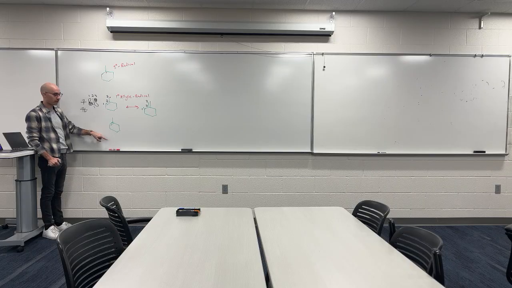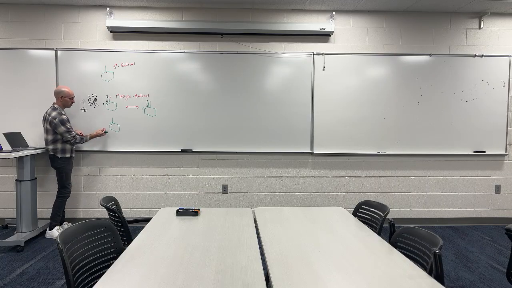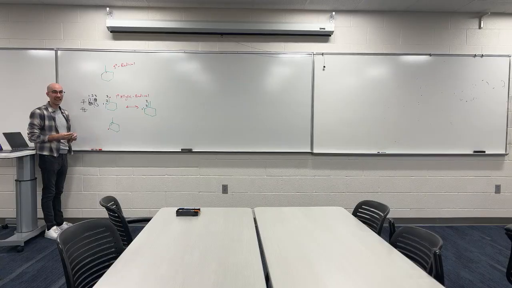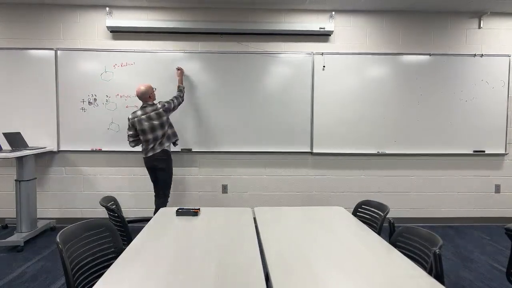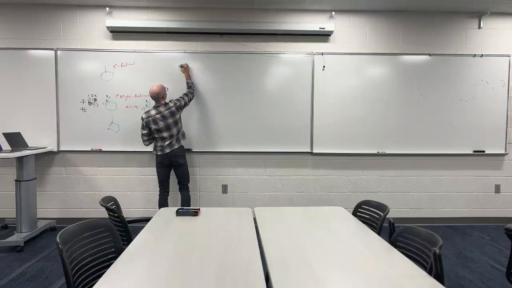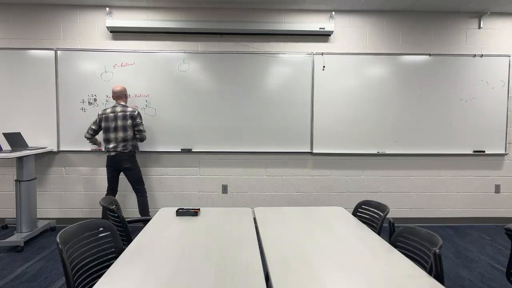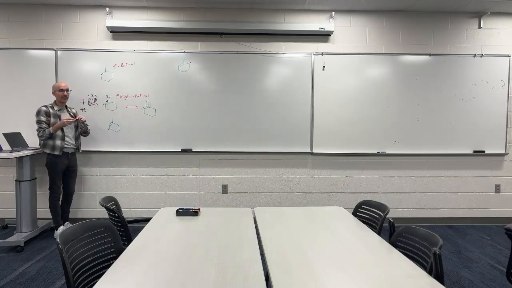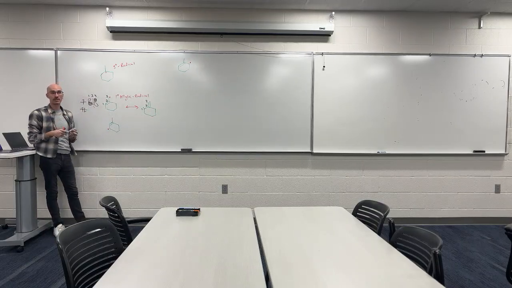Here? Good. That's an allylic position, which means I could form an allylic radical there. And there is another allylic position, on this position that Elliot didn't want to claim. That is also a secondary allylic position.